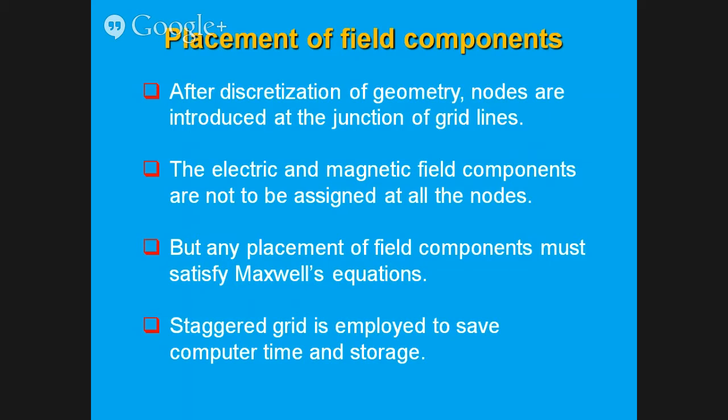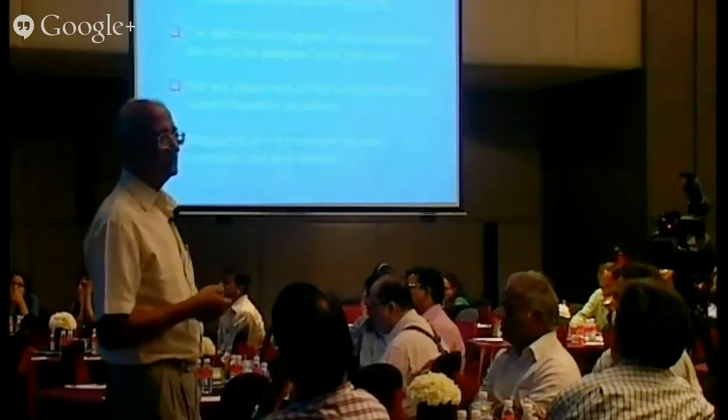The electric and magnetic field components are not to be assigned at all the nodes. In principle, we need to find out the electric and magnetic field components at each and every point in a problem. That means that we should find out these field components at each and every node. But we don't do this.